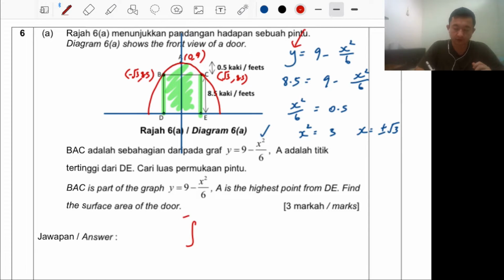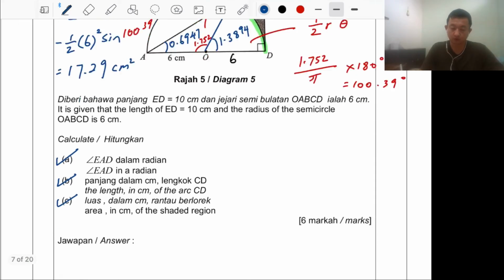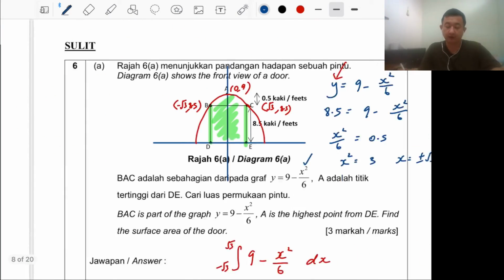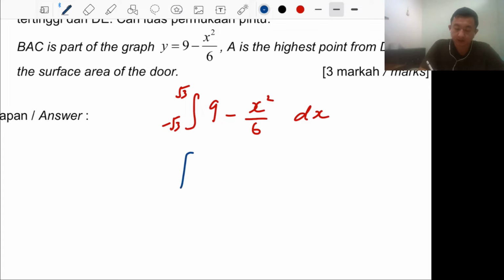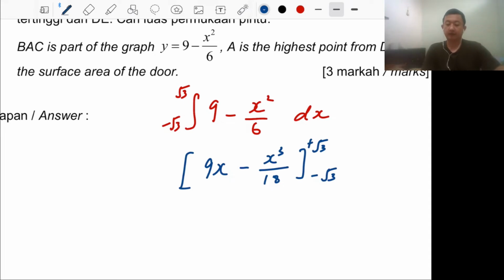So root 3, negative root 3, then I integrate 9 minus x squared over 6 dx along the x-axis. Okay, so when I integrate, it becomes 9x minus x cubed over 18, with the limit of root 3 to negative root 3. Then you integrate and see what we have.